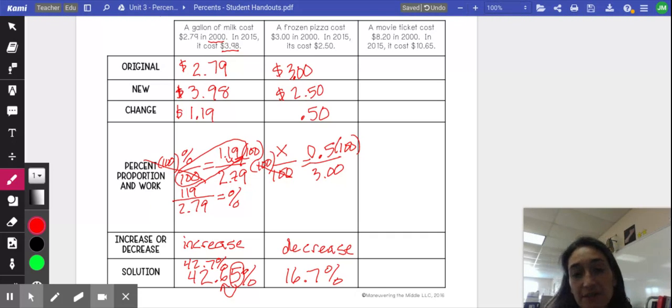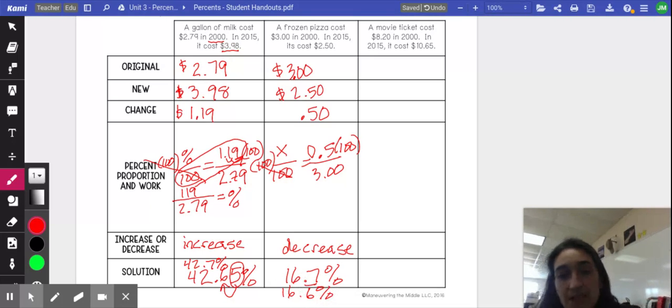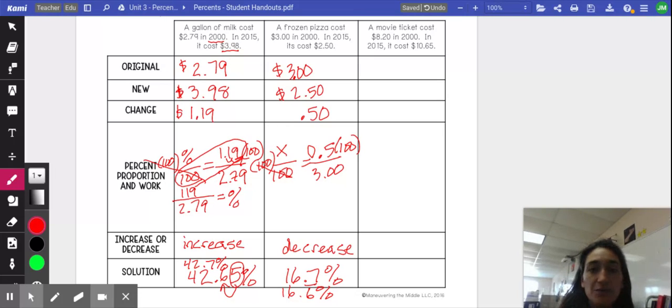So 50 divided by 3 equaled 16%, with a repeating decimal of a 6 continuing on forever, which I rounded up, or we could simply leave it at 16.6 repeating percent, depending on what we were asked to do for our answer. Nice job. Hope you guys were successful. And if you'd like to try the last one, you go right ahead and you can check on that with me on the next class day.